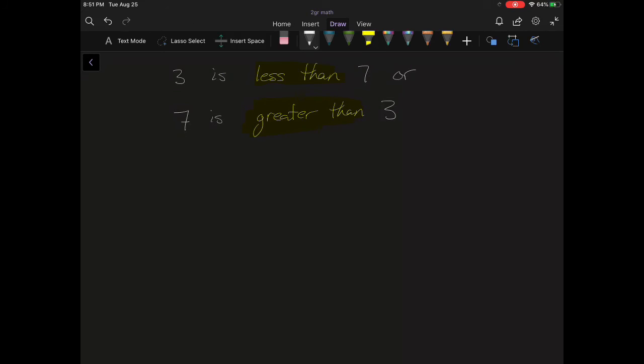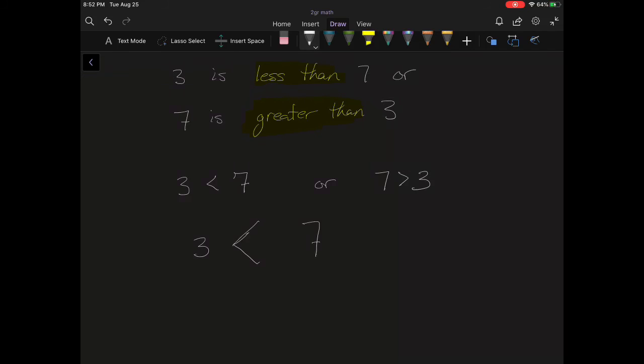Now, in order to write this, because writing less than and greater than a lot takes a long time, in the math world, we actually say 3 is less than 7, or 7 is greater than 3. And when I was learning this, I had kind of a hard time remembering which one goes to which. So a good way to remember it is, let me just write this a little bigger.